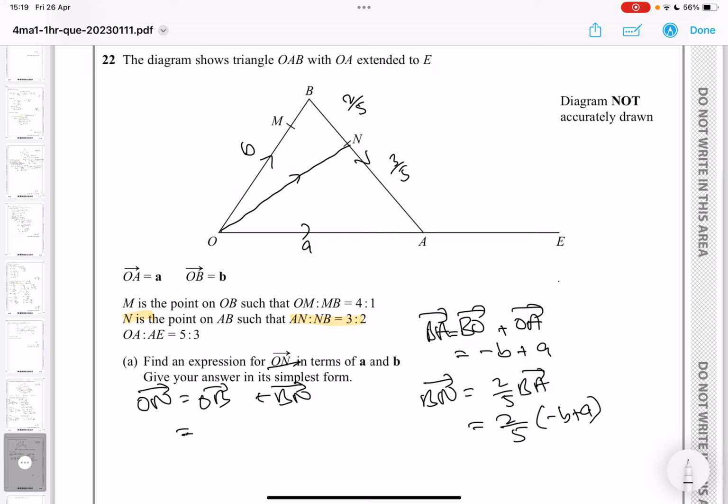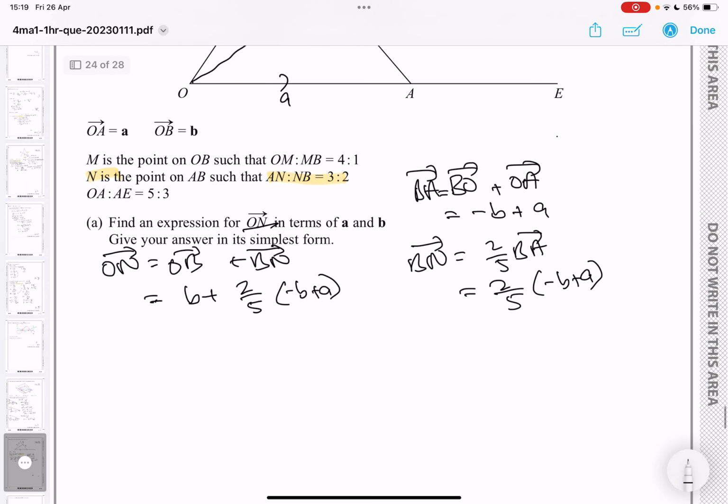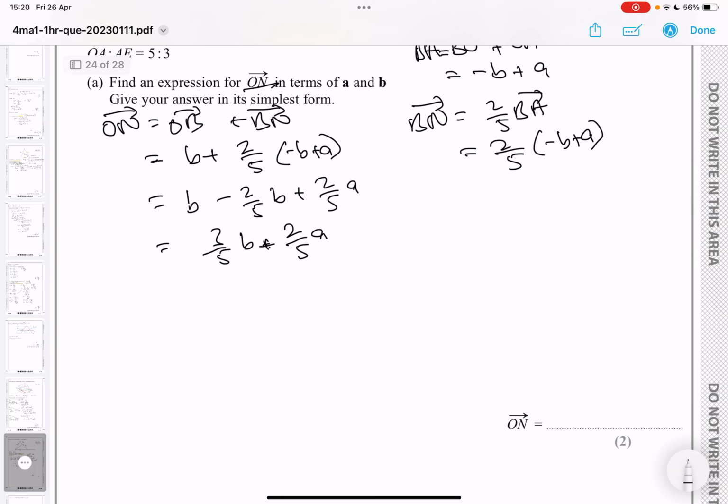So ON is B plus BN, which is 2/5 multiplied by minus B plus A. Now let's simplify this. Expand the brackets: minus B times 2/5 is minus 2/5 B, and 2/5 times A is plus 2/5 A. So that's equal to 3/5 B plus 2/5 A. Okay, so that's vector ON, in its simplest form.